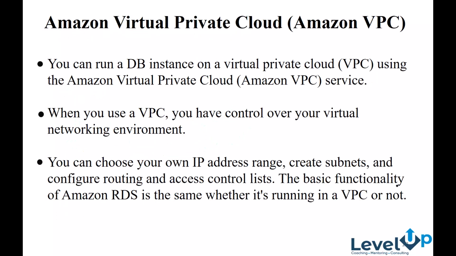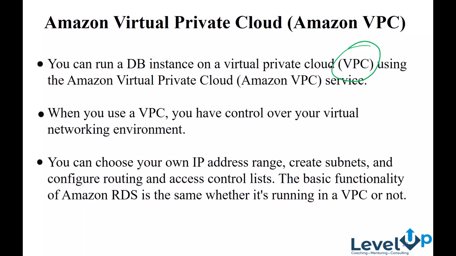Now the next thing is, can I create an RDS instance in my own network? Yes. On AWS you can create something called a VPC as a network, right? So once I create a VPC, I can create a database instance in the VPC, that means in our own network.